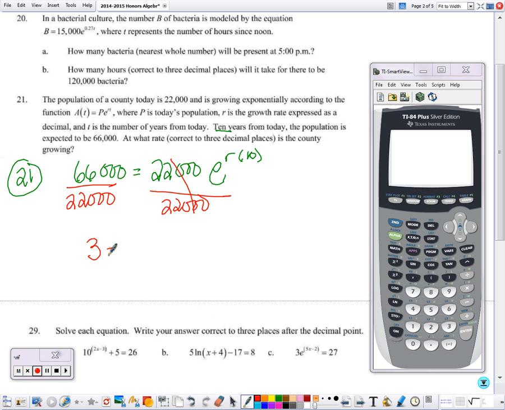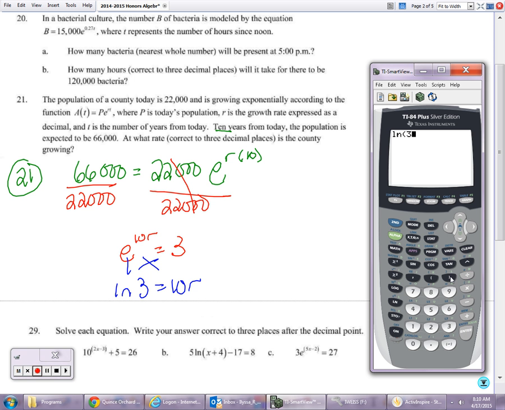So we get 3 equals e to the 10r. To be able to change it to a log, I'm going to put the 3 on the right. So ln of 3 equals 10r. So ln of 3, we're going to divide by 10 to isolate the r.